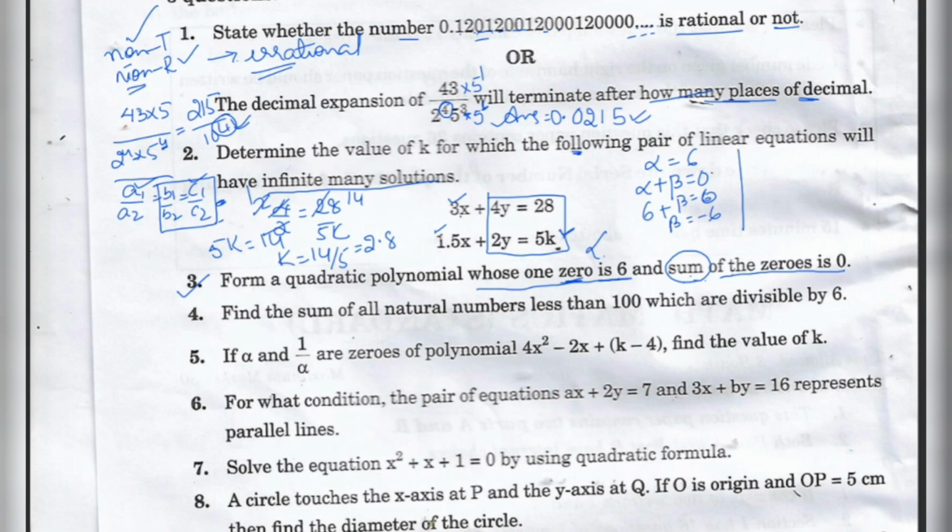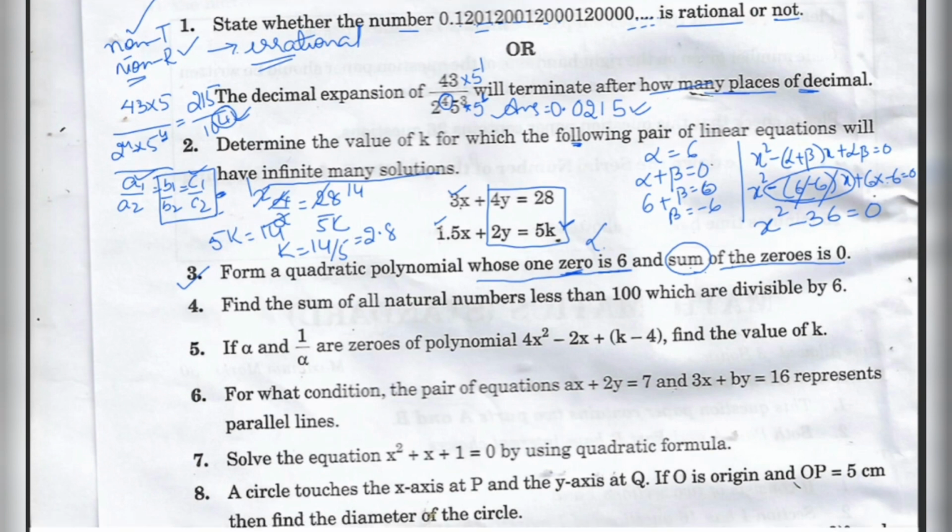We know the formula, x square minus alpha plus beta into x plus alpha into beta, so x square minus 6 minus 6 x plus 6 into minus 6 equal to 0. So this part will be 0, 36 minus 36 equal to 0, plus 6 minus 6 is 0.